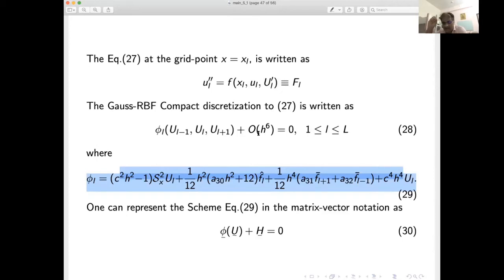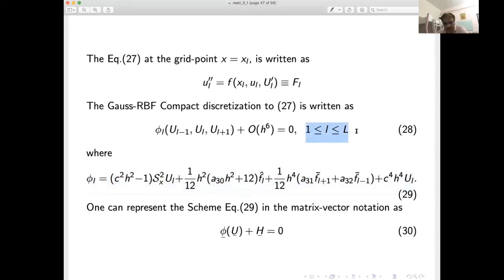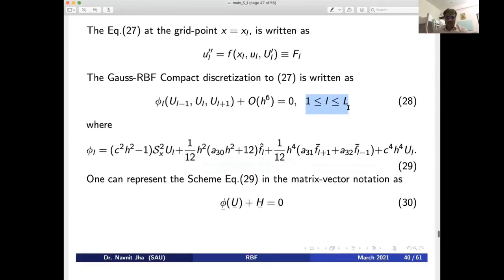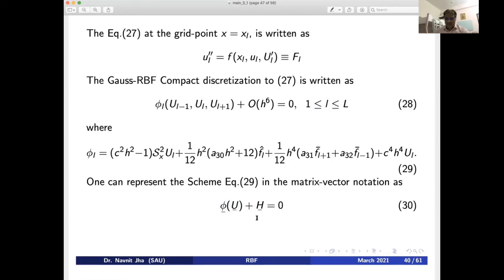As I derived earlier. Now, when you move this lowercase l from 1 to L, you will basically get so many uppercase L number of equations. So we can write this equation 28 with this value 29 in the matrix vector form like this. Phi(U) plus H equal to 0. All are in vector form.